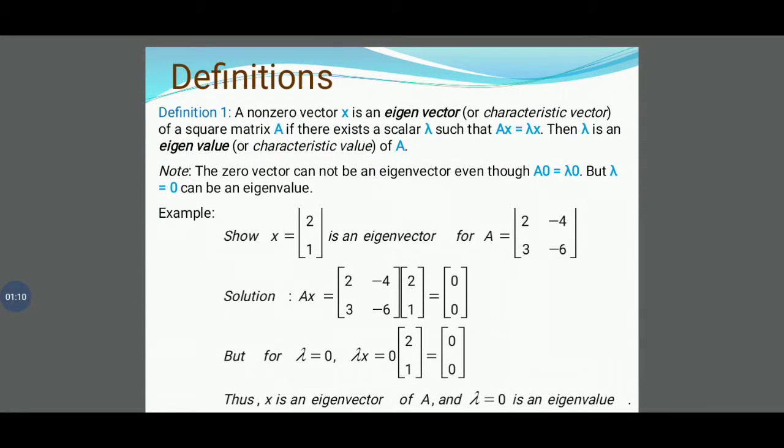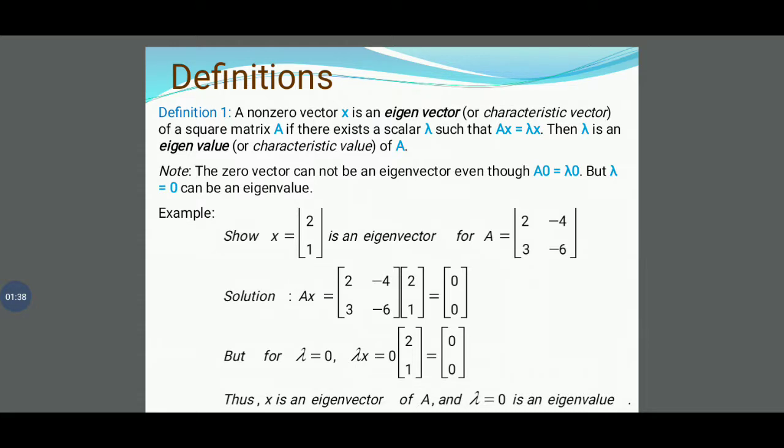Definition. First, combinedly we will see the definition of eigenvalue and eigenvector. Let's try to define. Remember, a non-zero vector x is an eigenvector of a square matrix A if there exists a scalar lambda such that Ax is equal to lambda x.